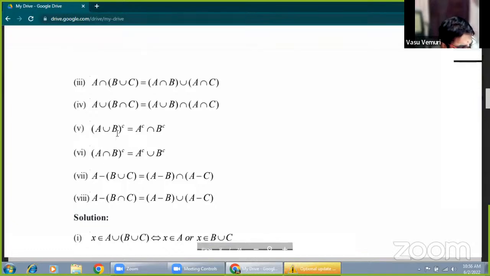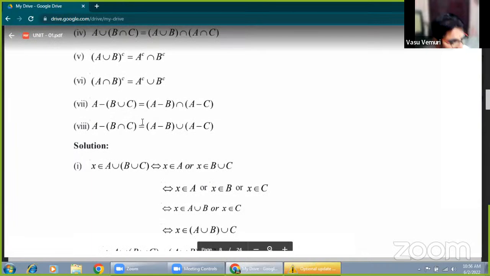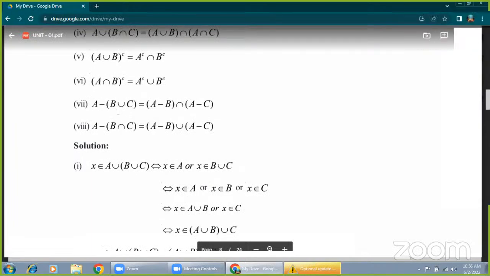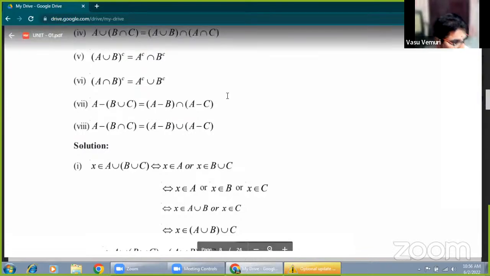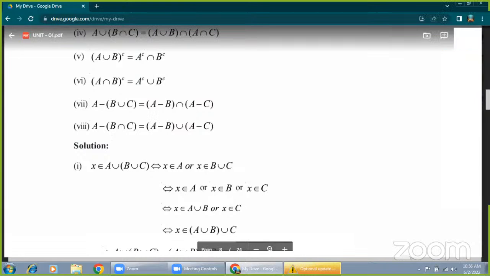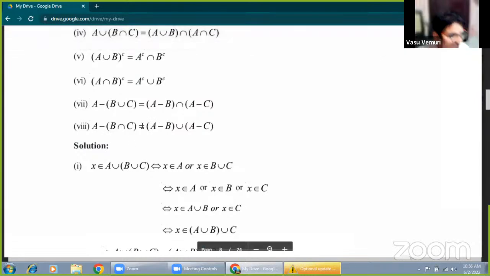Complement of intersection is union. And A minus (B union C) equals (A minus B) intersection (A minus C). And A minus (B intersection C) equals (A minus B) union (A minus C).